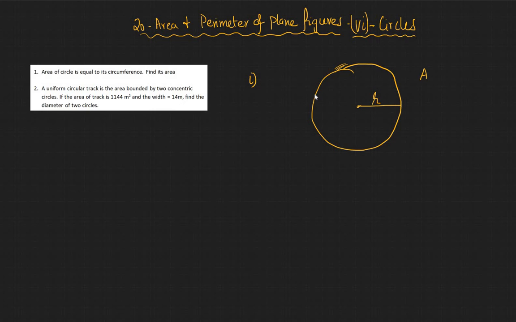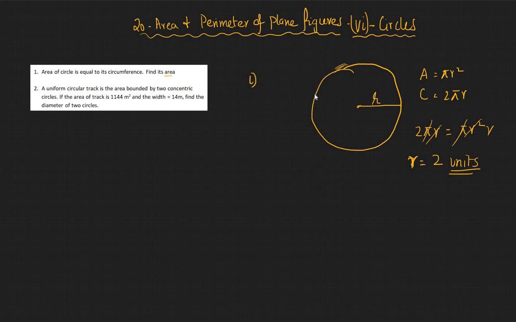The area is given by pi r squared, and your circumference is given by 2 pi r. They say that both are equal, so 2 pi r equals pi r squared. You can cancel pi and cancel r and r, and you get r as 2 units. We don't know whether it's centimeters or meters.